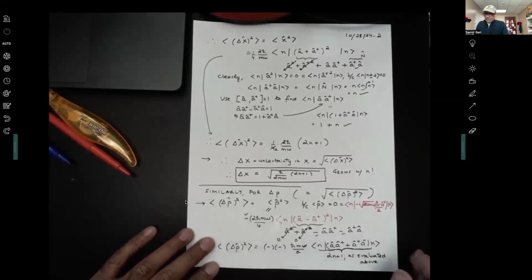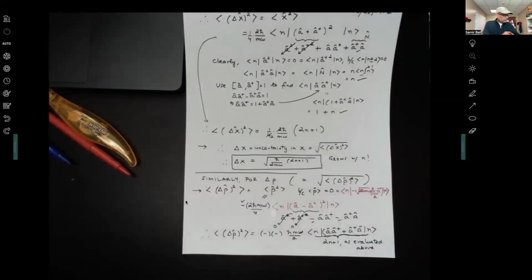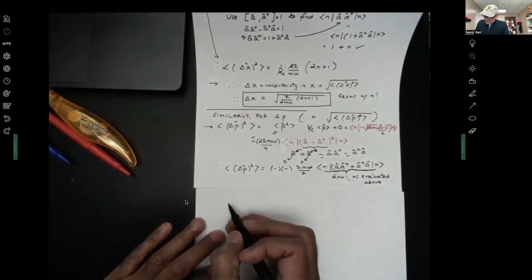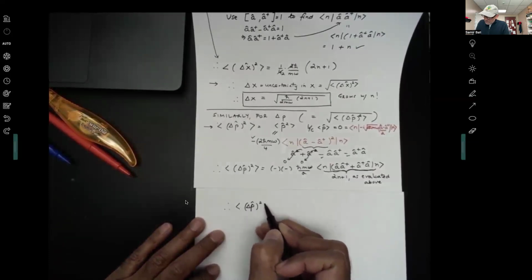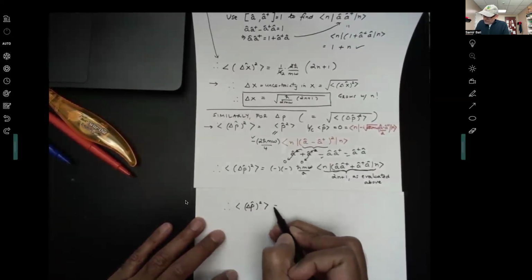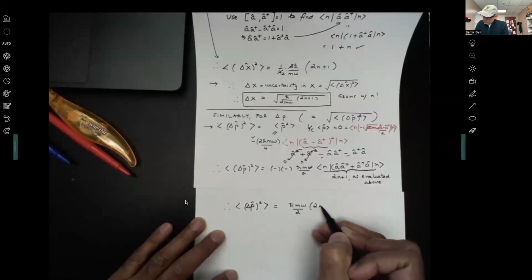So your answer, therefore, is that this is equal to h bar m omega over 2 times 2n plus 1.